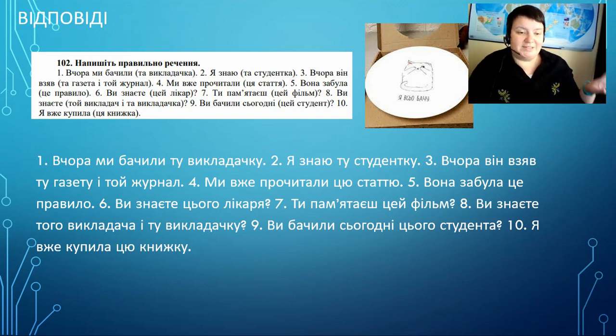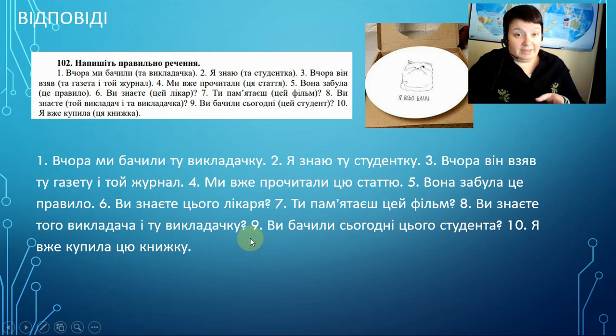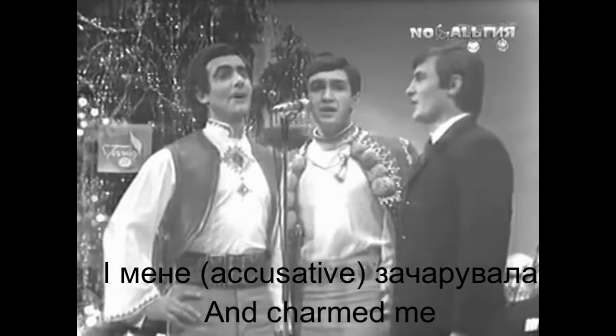We change nothing in neuter in all variants, and feminine we always change. We always change endings, and we don't care if it's animated or inanimated. So I hope it is clear. If it's not, write me in the comments. And let's go back to practice.